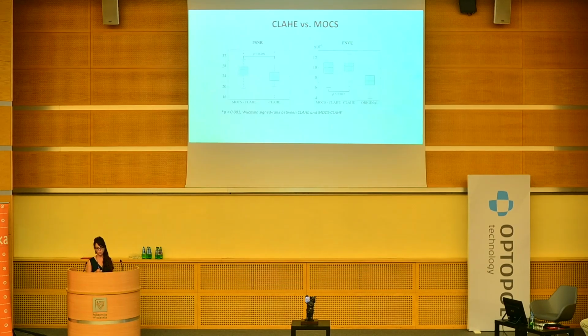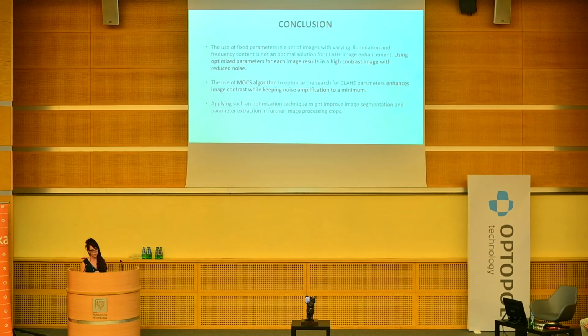If we compare the noise that we are adding to the image, we see that the optimized method has a higher PSNR and also a lower fast noise variance estimation. It has less noise, so it keeps noise amplification to a minimum compared with the classical histogram equalization.